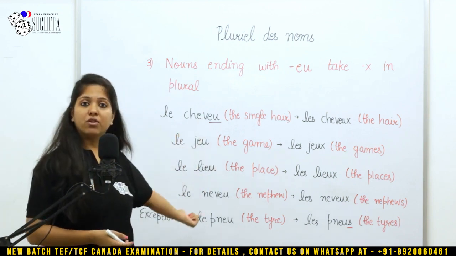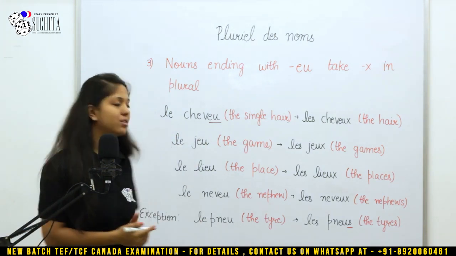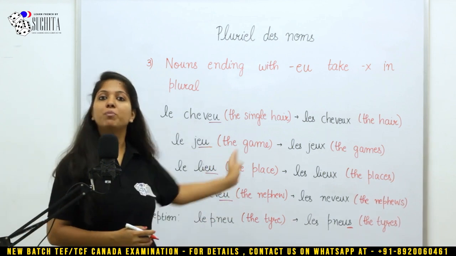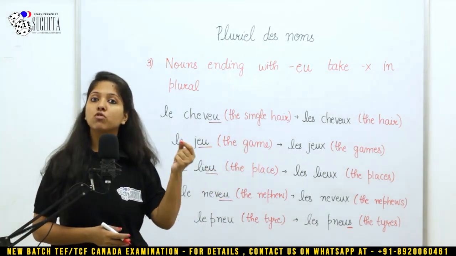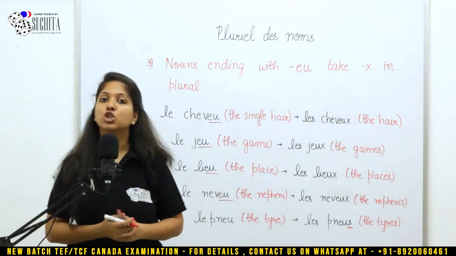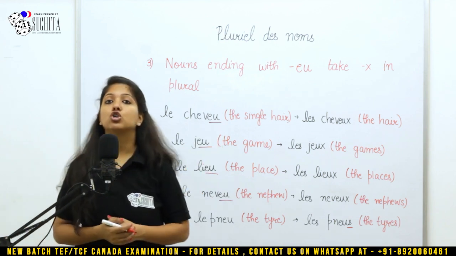So all the examples that I have given have EU combinations at the end. So in order to make their plural, I have added an X everywhere. So le cheveu, which means the single strand of hair, and the plural is les cheveux, which means the hair, the plural.